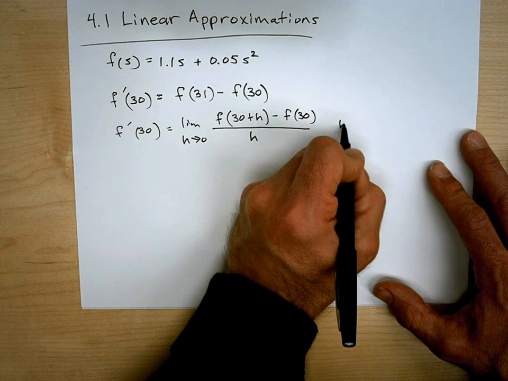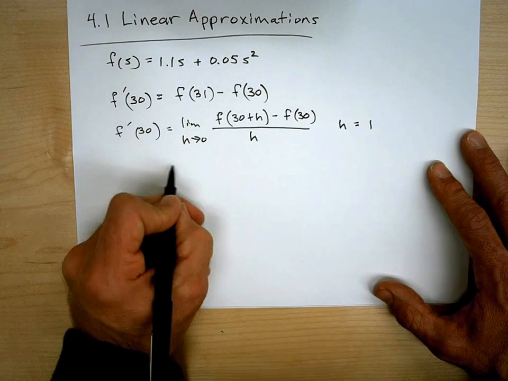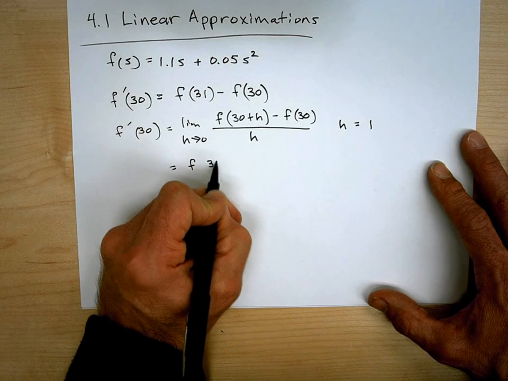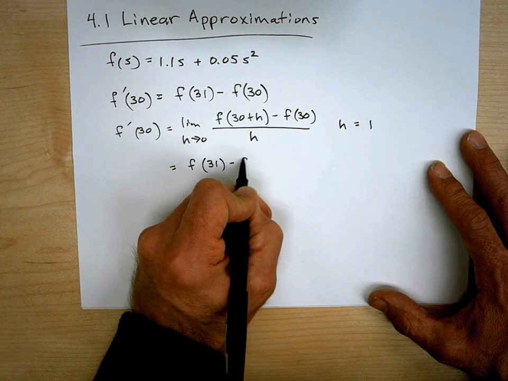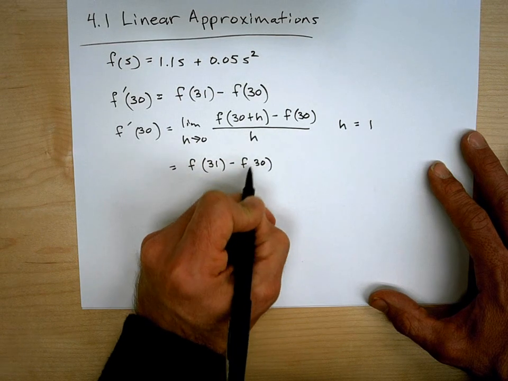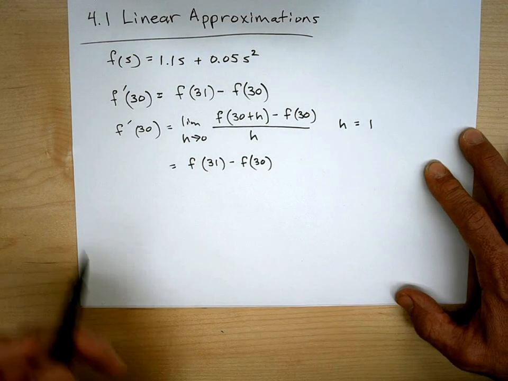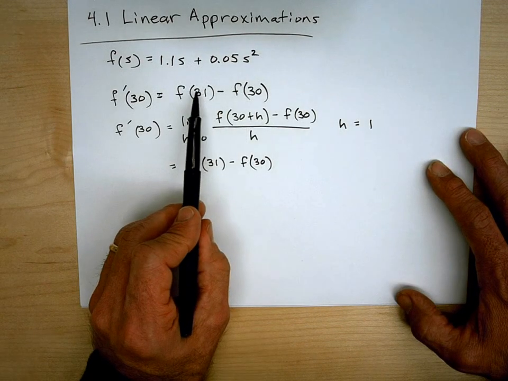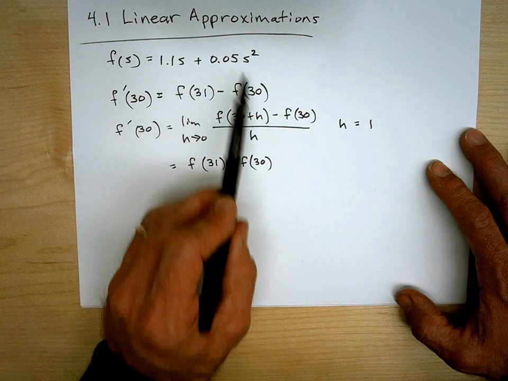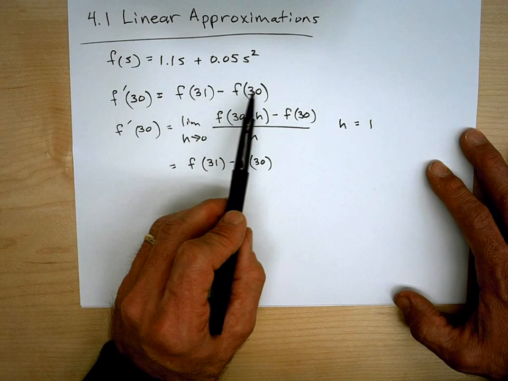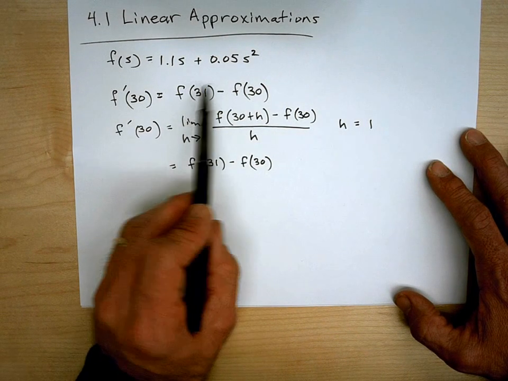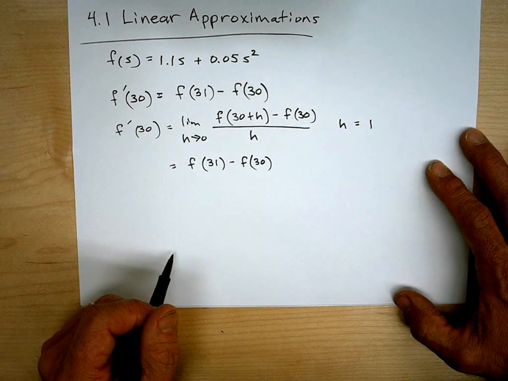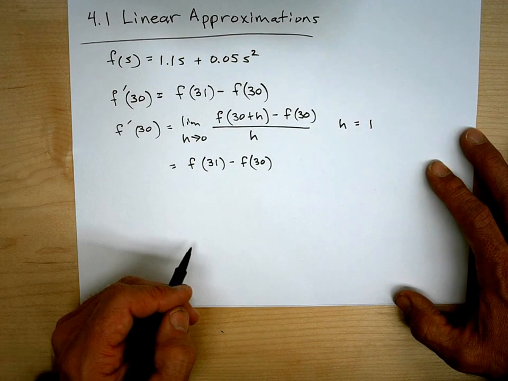But if we let h equal 1, then what we get is precisely f of 31 minus f of 30. All right. So in this case, we were using basically average rate of change, the rate of change of braking distance with respect to speed from 30 to 31 miles an hour. Since over a small interval, we could approximate the instantaneous rate of change of braking distance with respect to speed.